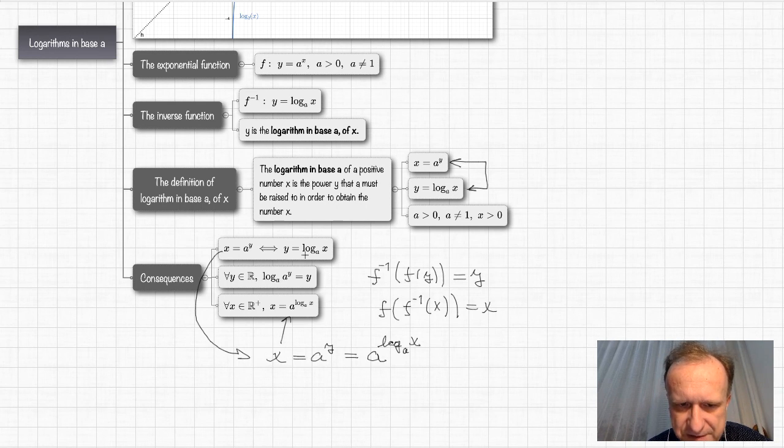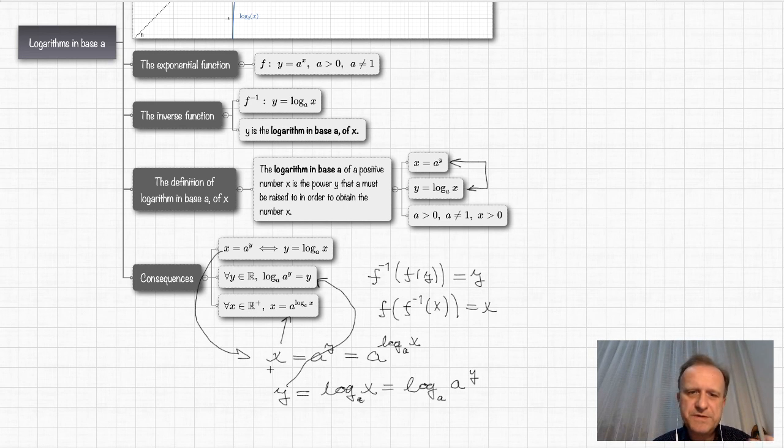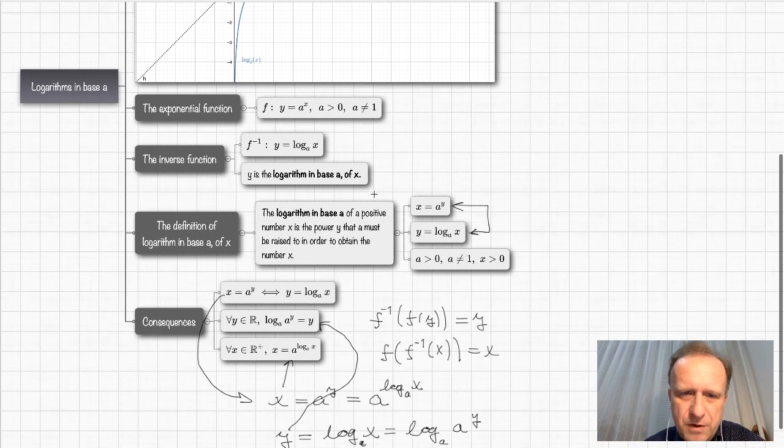And if I start with this one, so if I start with y equals logarithm in base a of x, I can replace x here by what it is. It's a to the power of y, so I can say that it's the logarithm in base a of a to the power of y. And what I end up with is this first statement here. So these two statements are obvious consequences of the definition of logarithm.